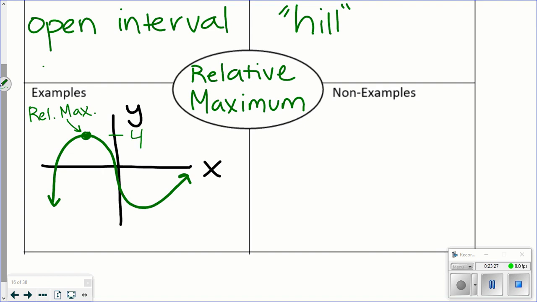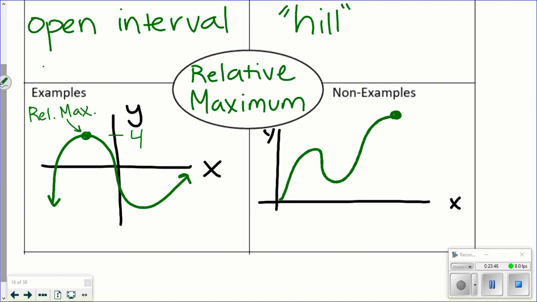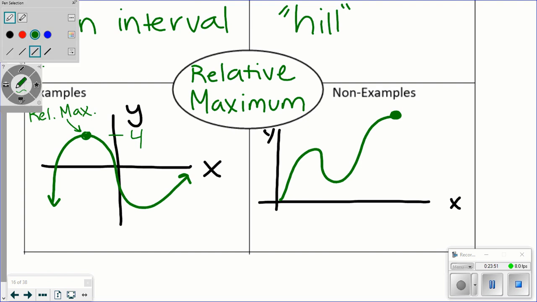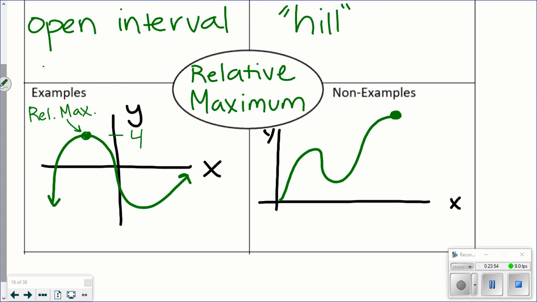I just made up the number. And then let's draw another graph. Here's my x and my y, and let's say it looks like this. This does not work for a relative maximum because this high point occurs at the endpoint. So this is not a relative maximum.